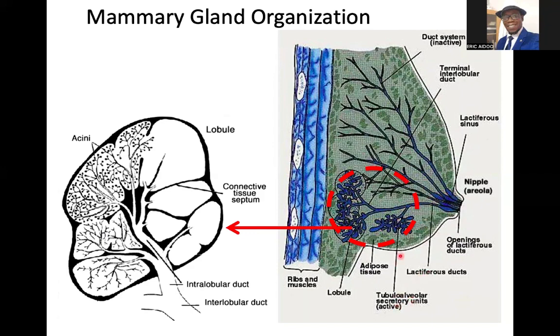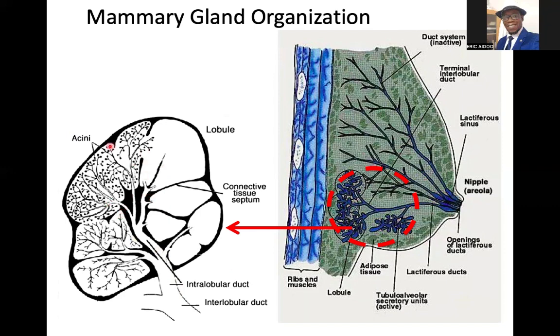Tubulo-alveolar secretory unit, that is a lobe, obviously fat will be there. And then you have the interlobular duct and the intralobular duct. So the interlobular duct would further branch into intralobular duct into the lobes.